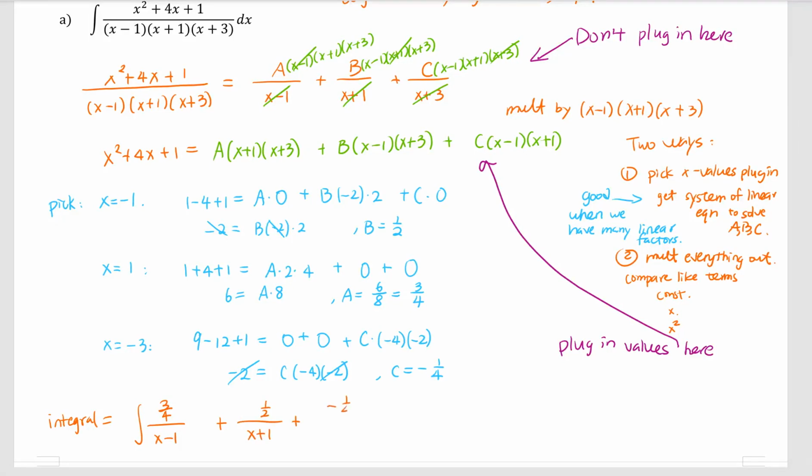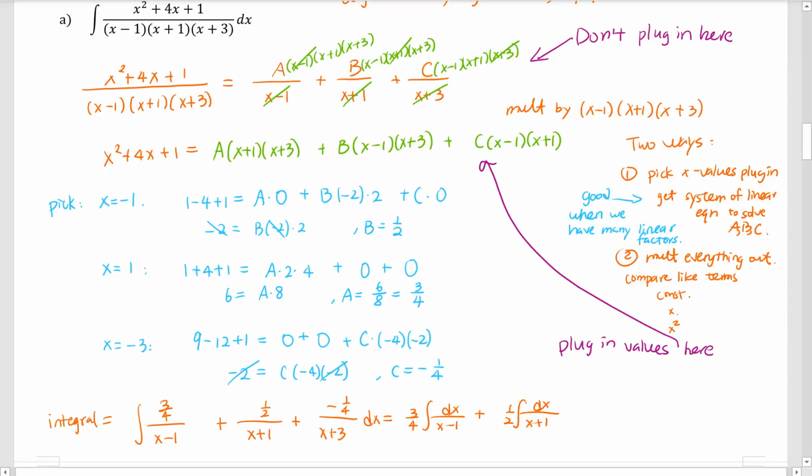C is -1/4 over x plus 3, dx, right? And we can separate them. So we can put a constant in front. So we have this one and this one and -1/4.